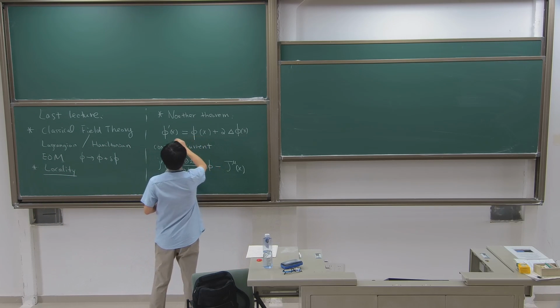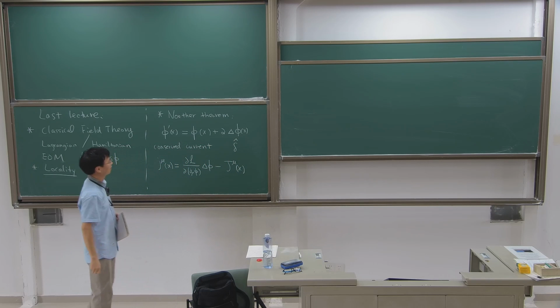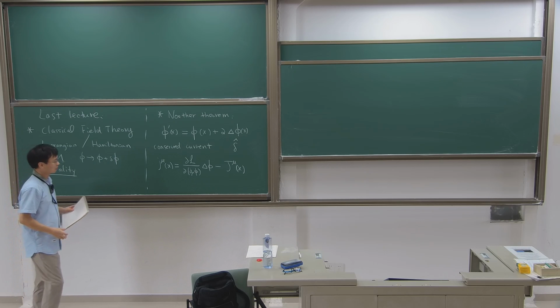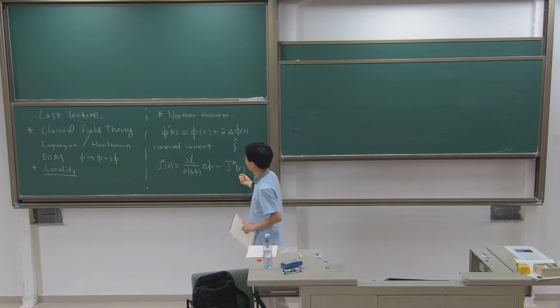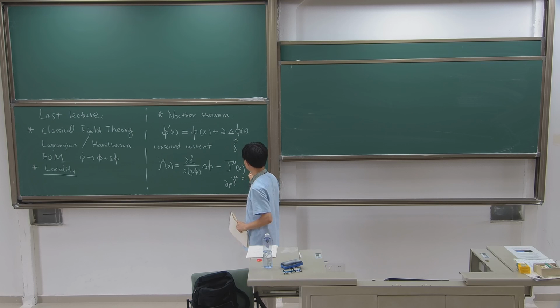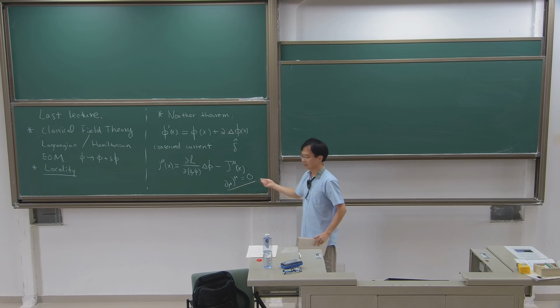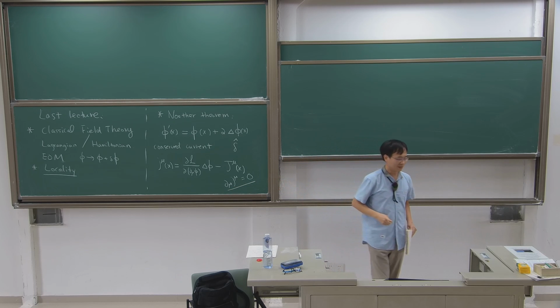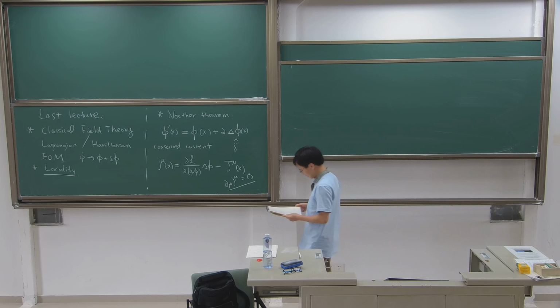We denote this particular variation by the hat. In particular, we can prove this is indeed conserved, and we also saw there's an associated conserved charge, which is time independent.